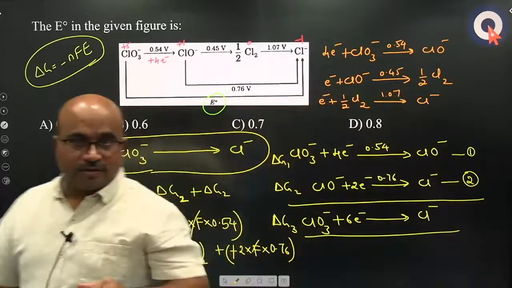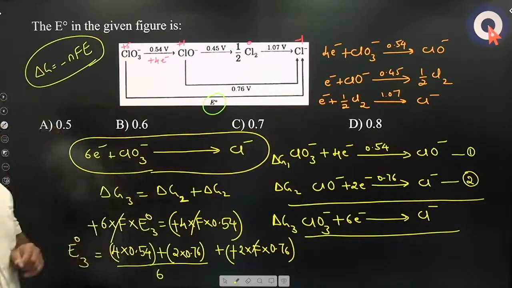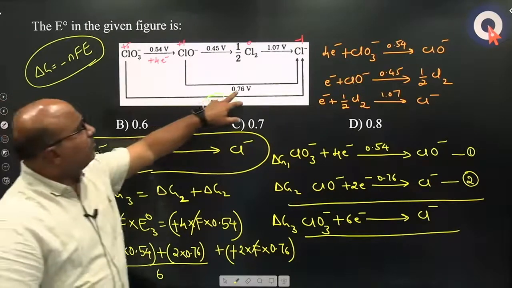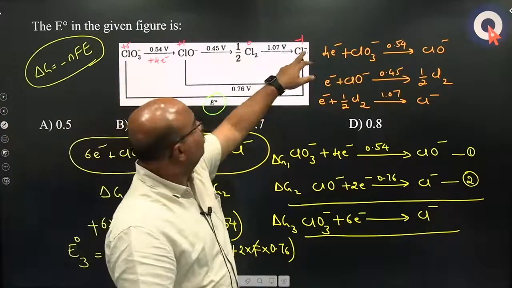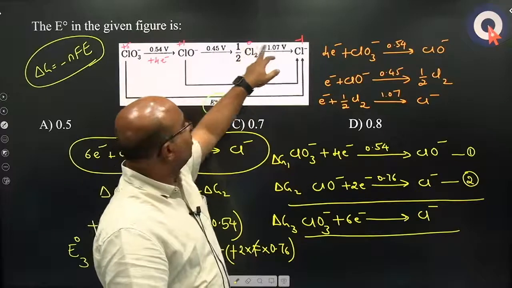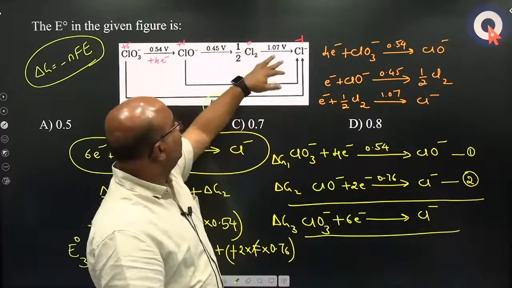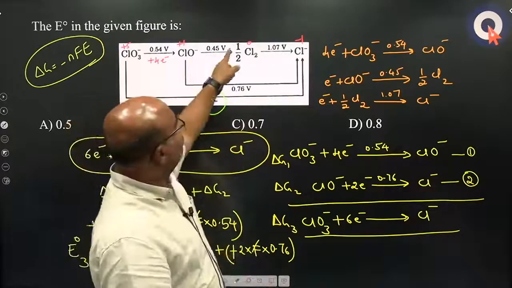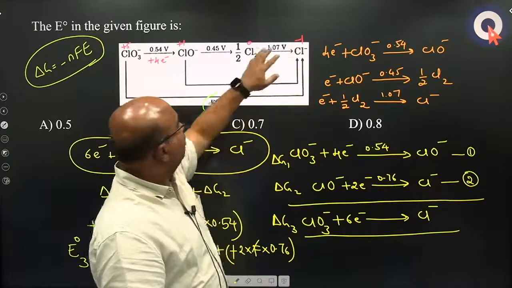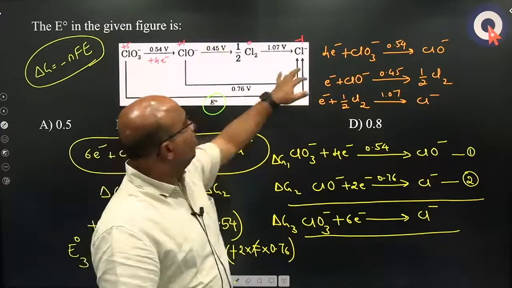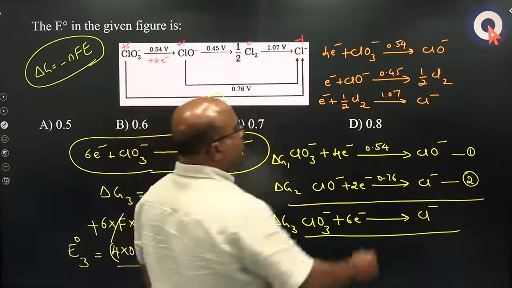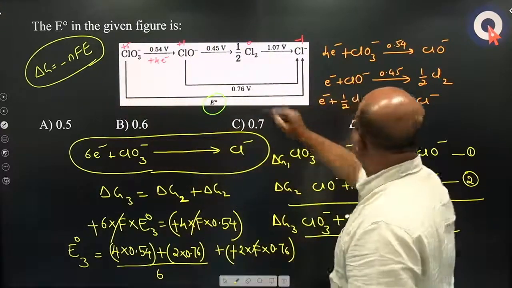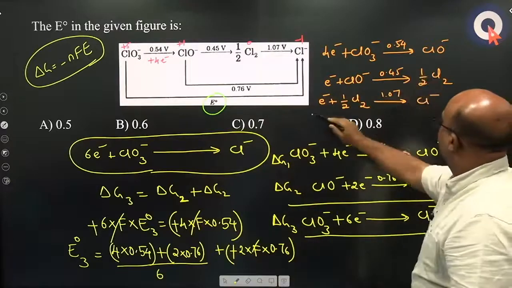Clear? So how you got this is by adding these two. What is the number of electrons here, number of electrons here, you add these two and divide. You will get this with 2, because here 1 electron is involved, here 1 electron is involved. So total number of electrons involved is 2 here. So overall what you get, 0.76, is nothing but the addition of these two.